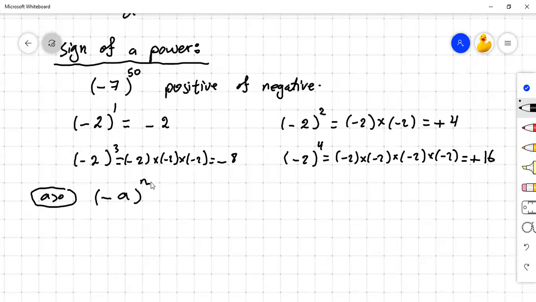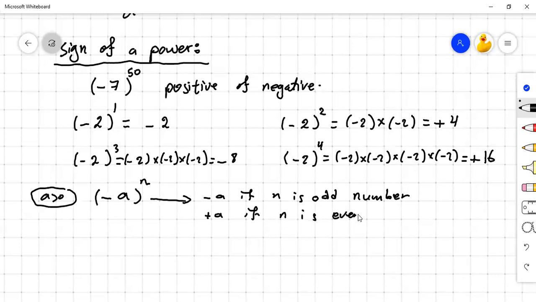If n is odd, it's negative, and if n is even, it's a positive number. So the result is minus a if n is an odd number, and plus a if n is an even number.